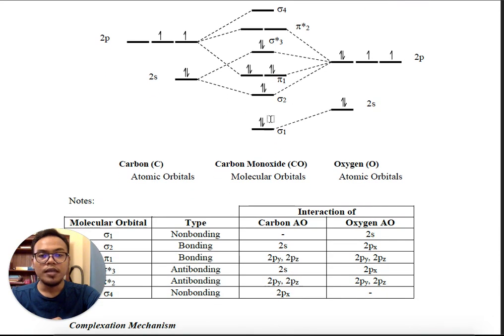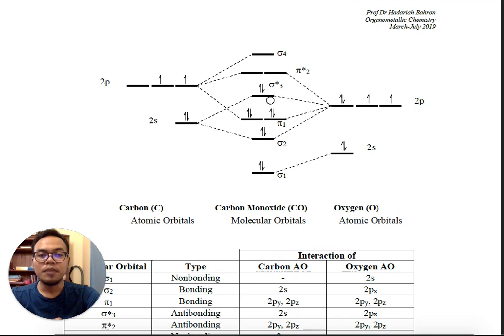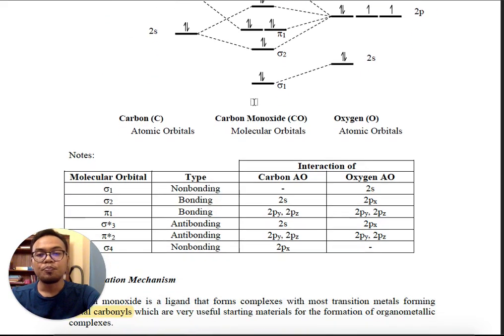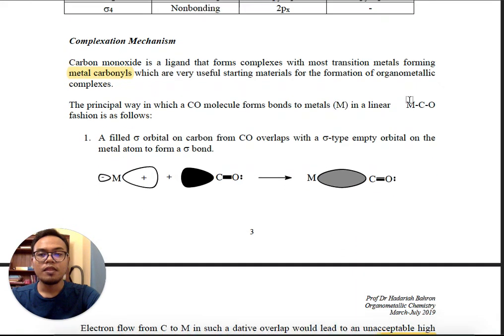We have non-bonding electrons here from sigma orbitals, bonding sigma orbitals here, bonding pi orbitals here, and antibonding sigma orbitals here. Now you have to understand this table. Only then will you understand what we are going to learn today on the mechanism. So ready?